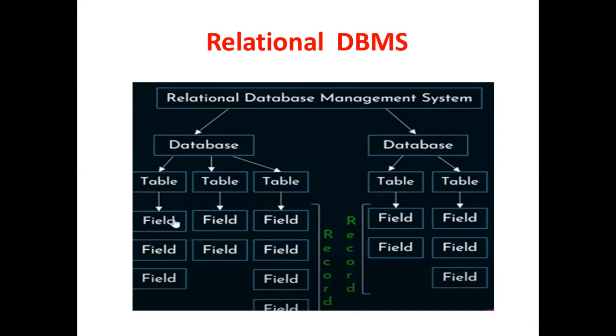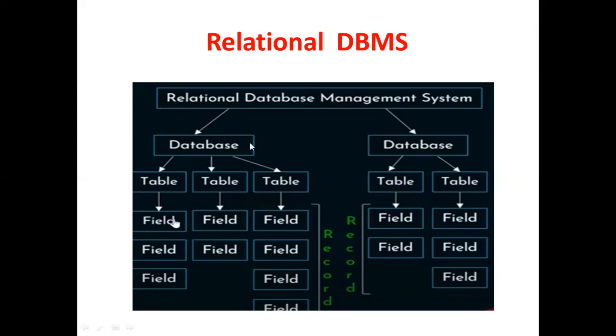It is the most widely used data model available and the most popular among the different types of DBMS. In this type of DBMS, as I have told you, all the data is represented in the form of a table. This table can somehow be called a relation, and that's why it is called a relational database management system, that is RDBMS.